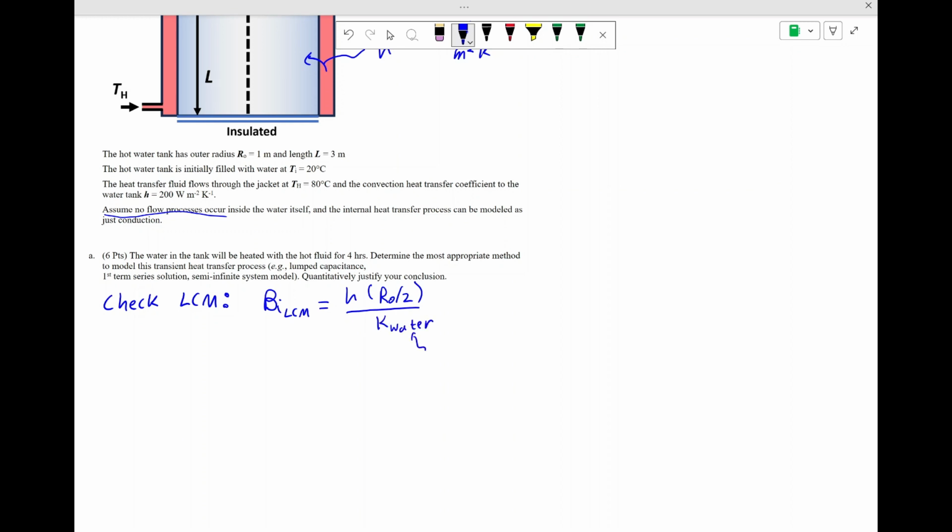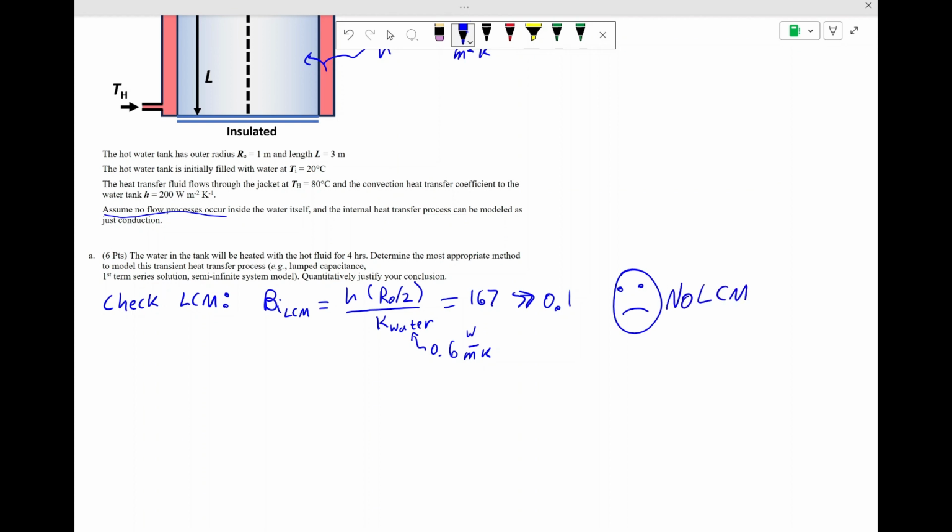For water, this is like 0.65 watts per meter Kelvin or so. H was 200 from the problem. Let's round this down to 0.6; 0.65 might be more representative of the hot water. When we plug that in, we're going to get a Biot number of like 167, which is clearly much greater than the threshold we would use for the lumped capacitance method of 0.1. So this is unfortunately not okay for lumped capacitance.